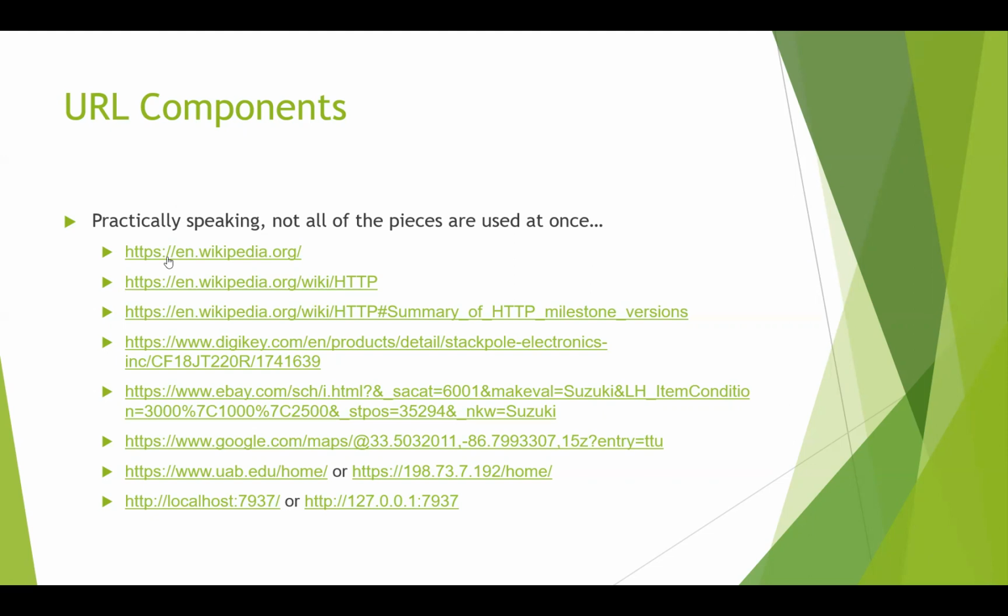Now, a couple of other examples to take a look at. You can see how different companies and sites take different approaches. We'll go with DigiKey here. This happens to be the URL for a 200 ohm resistor.